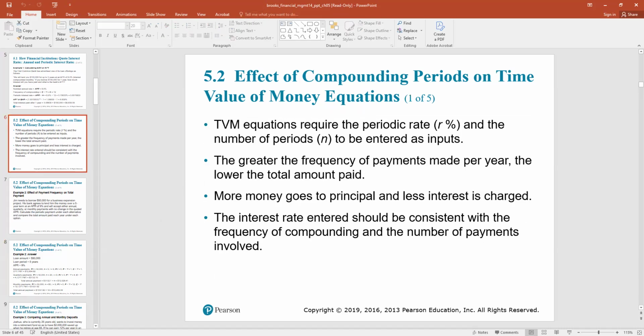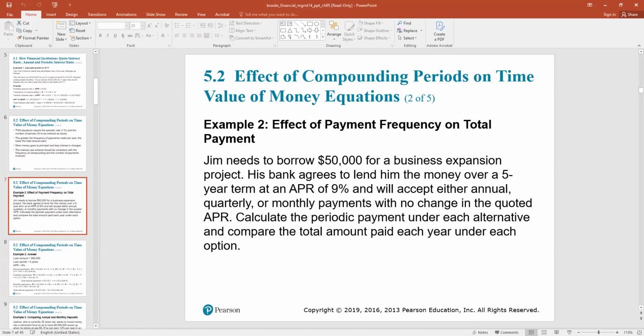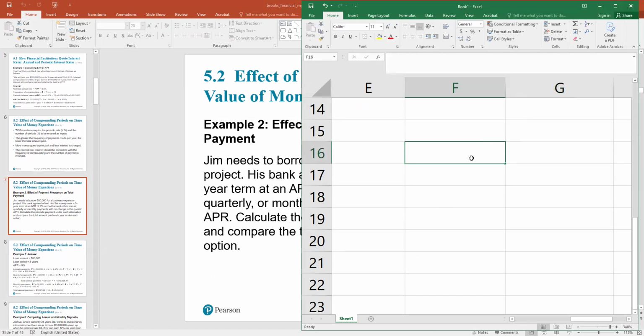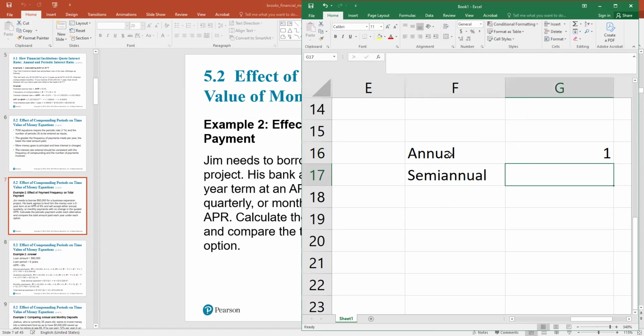About the periodic payments, we have some different payment periods, which are not mentioned here. Annual basically means once in a year. Semi-annual is twice in a year, every 6 months. Quarterly is 4 times in a year.